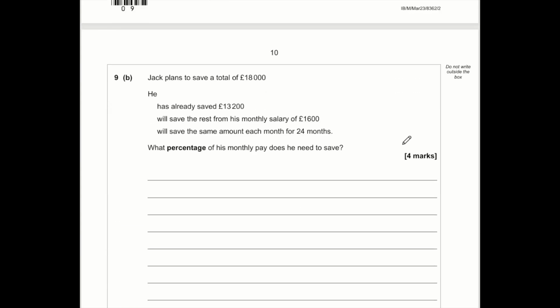Okay, so for this question we know Jack plans to save this amount here. He's already got that amount there, so what does he still need to save? It's 18,000 minus 13,200, and that comes to 4,800. Now the rest he's saving from his monthly salary over 24 months.